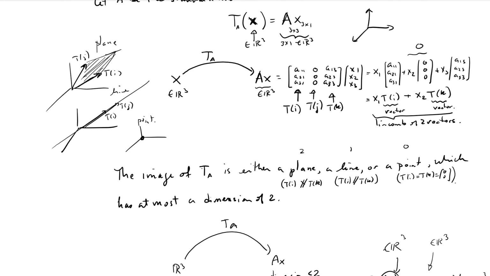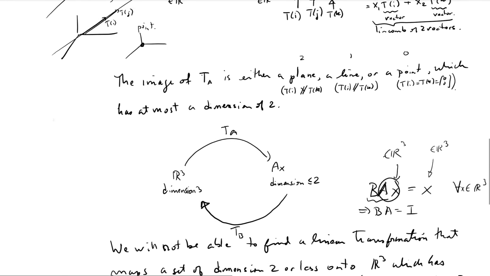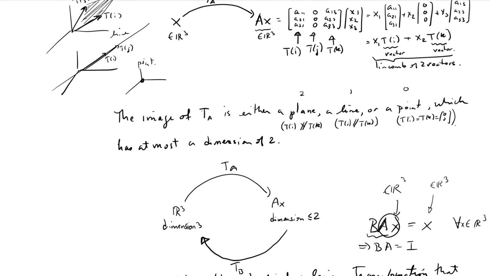And finally, I'm not going to write it down, but if our matrix A has a third column that is a column of zeros, you'd still have a linear combination of the first 2 columns of A. So the image would still be maybe a plane, a line, or a point.